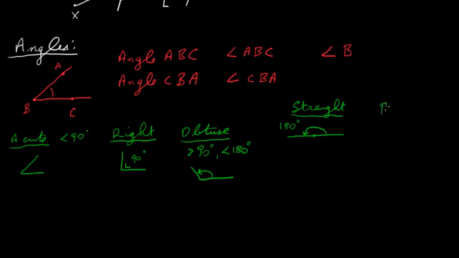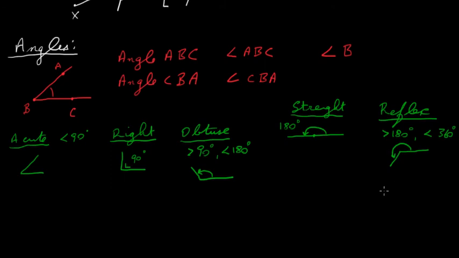Next one is called a reflex angle. A reflex angle will be more than 180 degrees, so it's greater than 180 degrees, and it is less than 360 degrees. So that might look something like this. So it starts here, goes around to here.